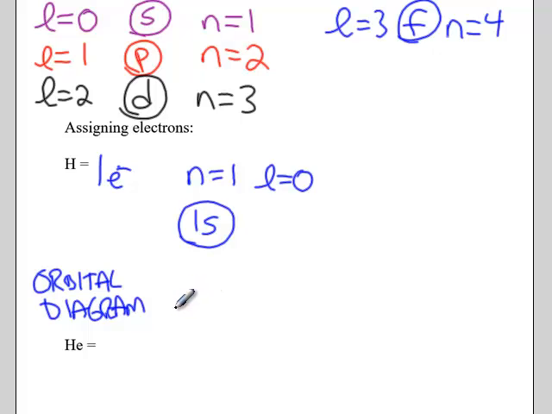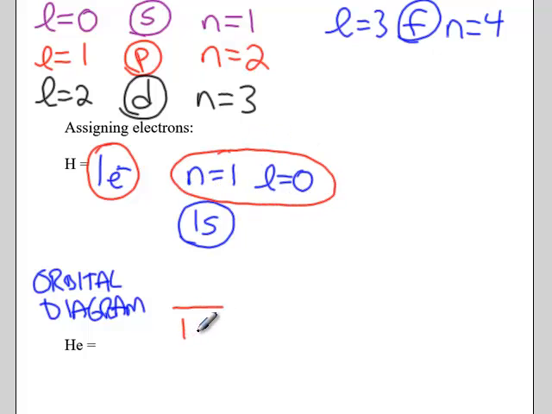And chemists are lazy, so instead of drawing the whole box, we're just going to draw the bottom of the box. We have one electron to put into that box, into that orbital, and that orbital is found in the 1s subshell.